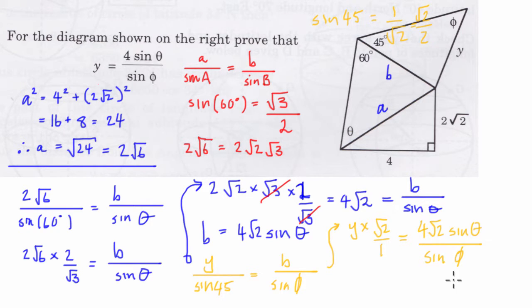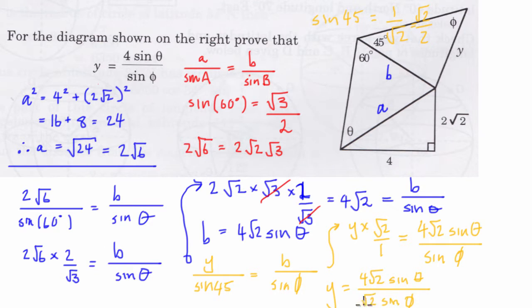Now, it's quite simple to see that we're going to divide both sides by the square root of 2, and we have y equals 4 square root 2 sine theta divided by the square root of 2 sine phi. Now we can get our big red pen.